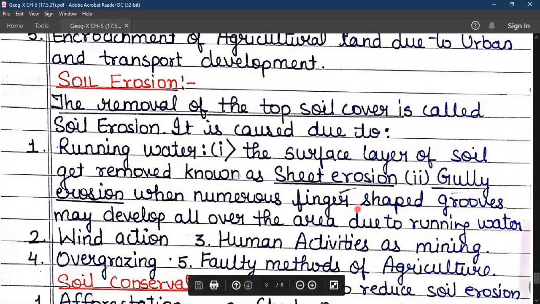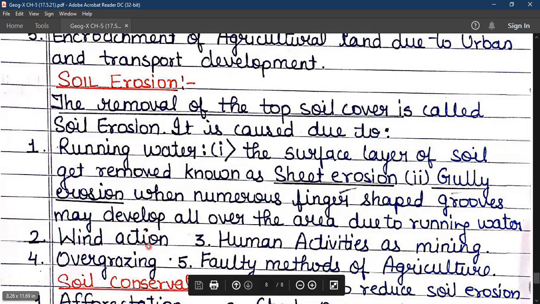Soil erosion is the removal of the topsoil cover. It is caused due to running water, that is, the surface layer of the soil gets removed, known as sheet erosion. Gully erosion, when numerous finger-shaped grooves may develop all over the area due to the running water.